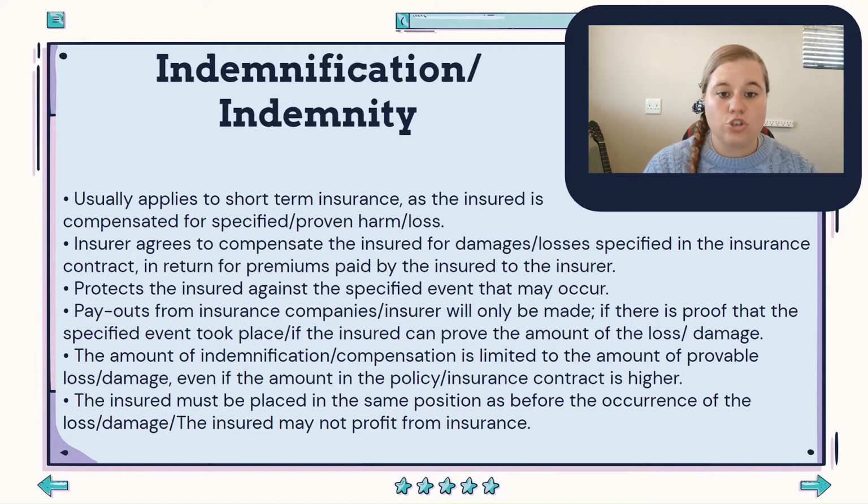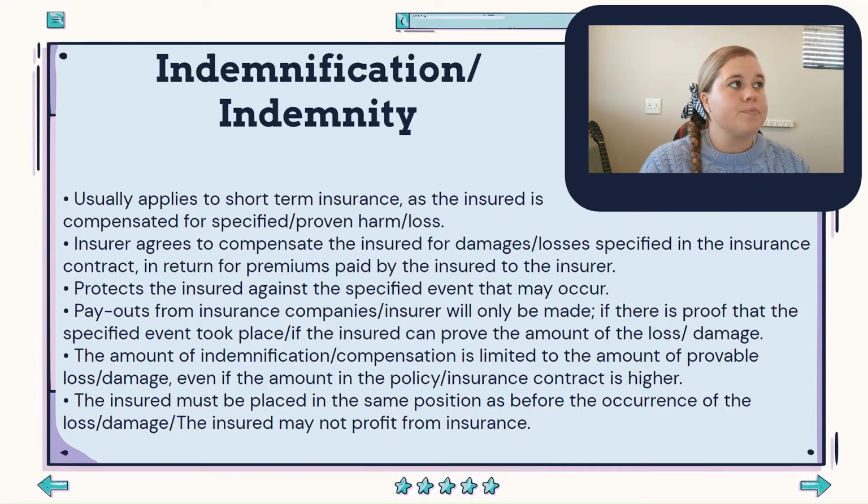It protects the insured against the specified event that may occur. Payouts from insurance companies or insurers will only be made if there is proof that the specific event took place, if the insured can prove the amount of loss or damage.